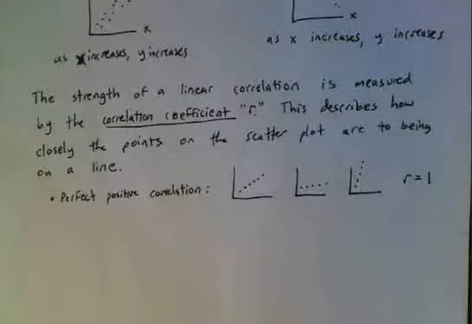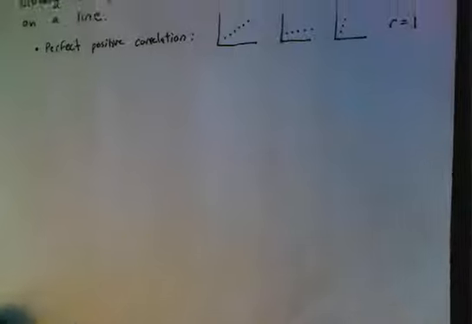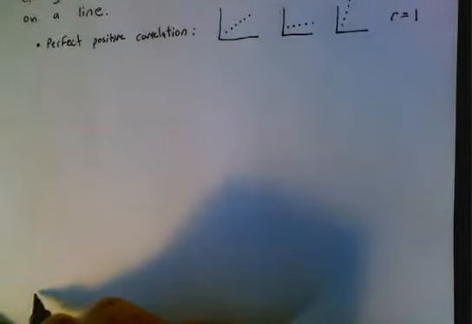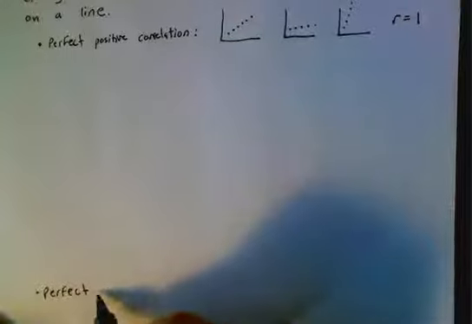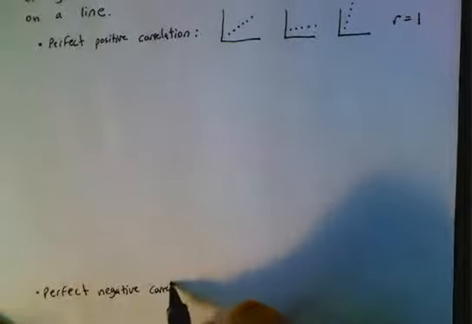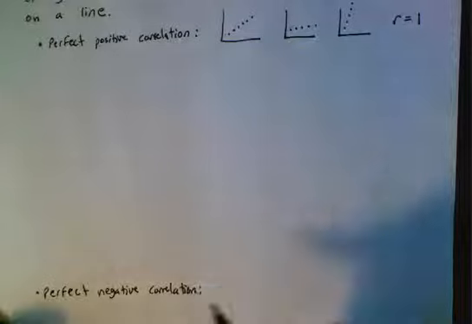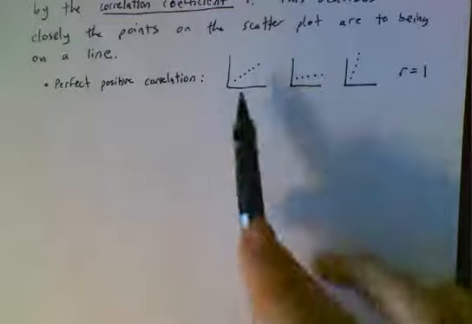On the other hand, and leave yourself a little bit of room here, on the other end of the spectrum, we could have a perfect negative correlation. Remember, positive just means that as x gets bigger, y gets bigger, so there's a positive slope.